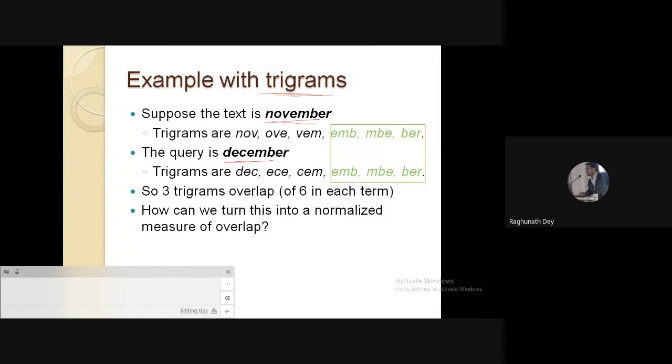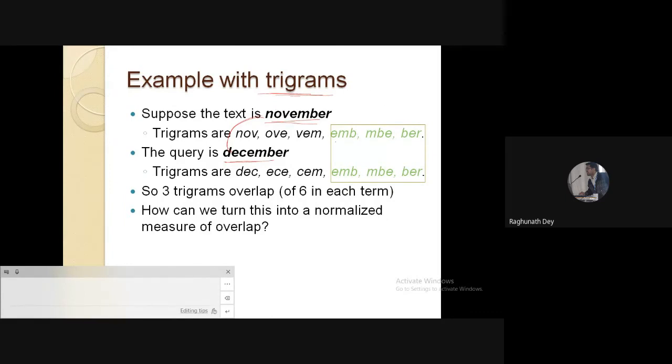So how do we know that the user is asking about November instead of December, so that we should show the posting list based on November? First of all, we need to find out how many terms are overlapping between these two terms, November and December. It's a small example; the same thing may not come across in your question.